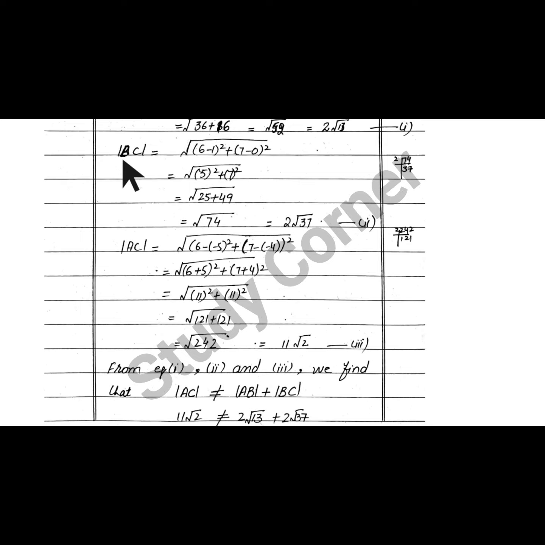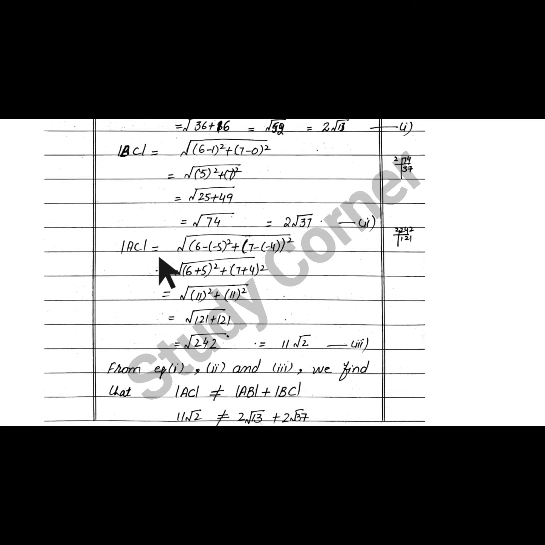The point B is (1, 0) and the point C is (6, 7), so that is (6 minus 1) whole square plus (7 minus 0) whole square, under the square root. We simplified that and we get square root of 74, which by prime factorization is equal to 2 times square root of 37.